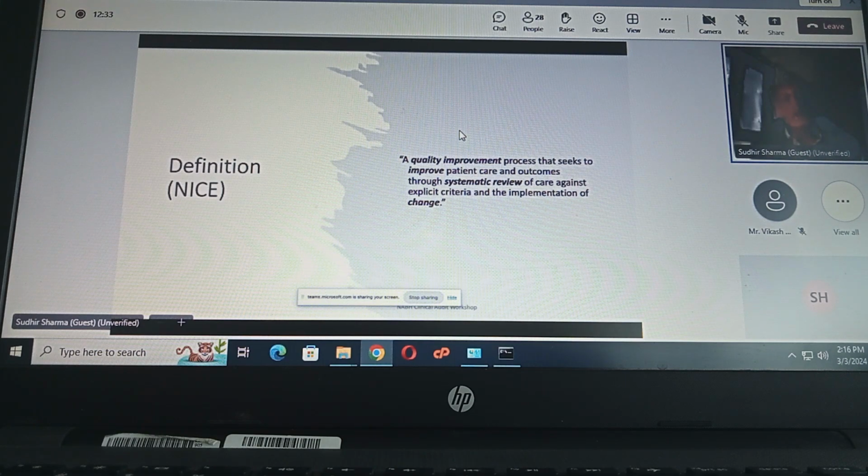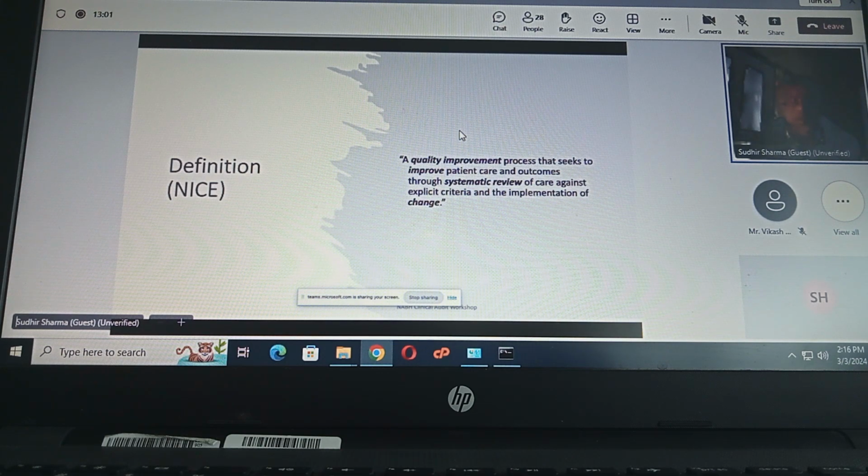How through systematic review of care. This is criteria, which are the standards, and the implementation. Number one, it is a QA, it's a quality improvement process.